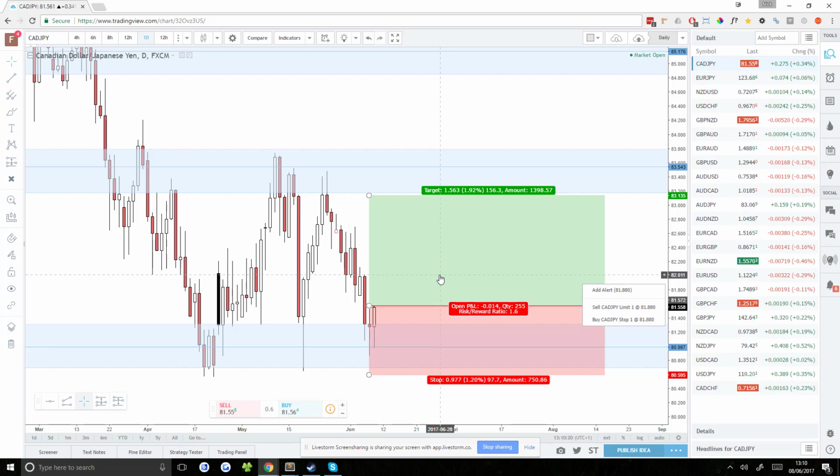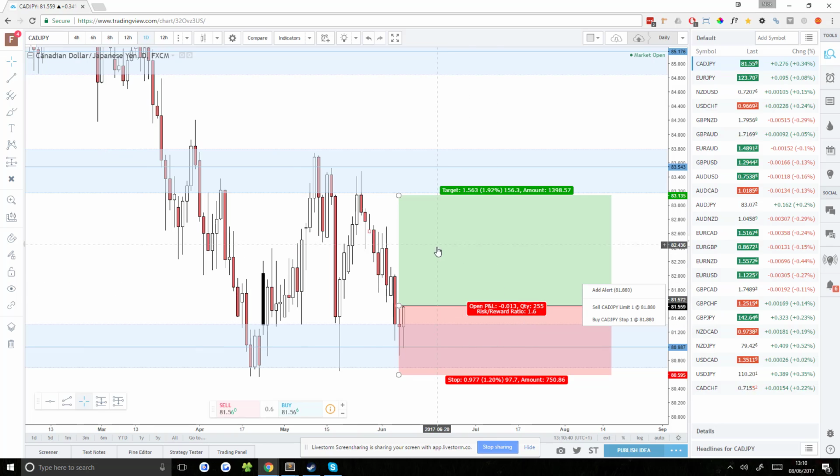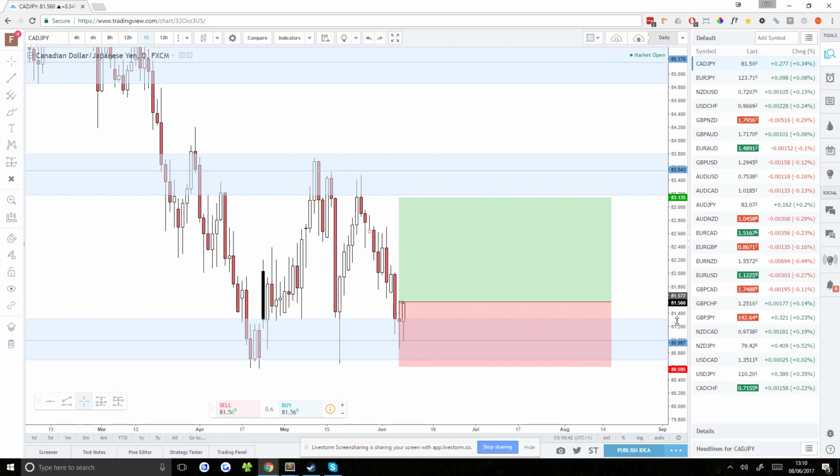We were talking a little bit about this yesterday, but I just wanted to get into this point a little more. Just because I say that this trade is too risky for me and I'm not going to take it, your definition of too risky could be slightly different to mine. So this one might be okay for you. Don't just say, oh, Nick's not taking it, I'm not taking it.